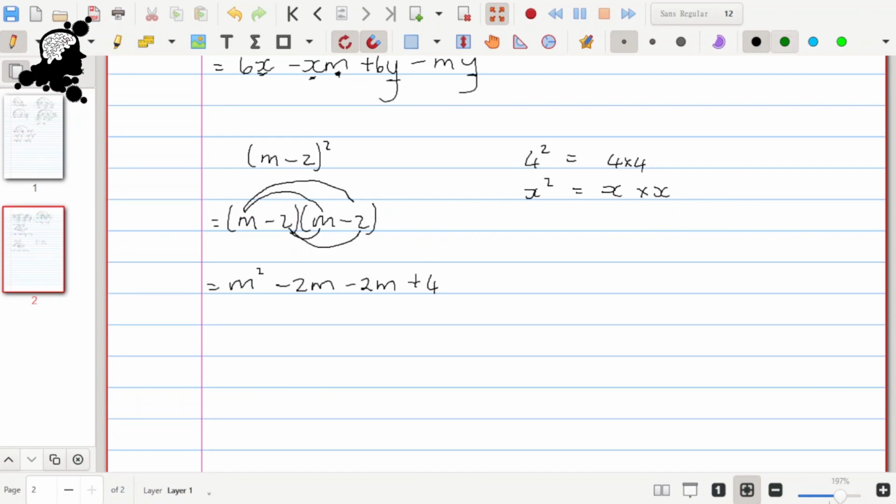Well, yes we do. We've got minus 2m minus 2m. So, we could say this is m squared, then minus 2m minus 2m is going to give us minus 4m plus 4. There we have it. We have solved the question. Life is great. Let's look at the next question.